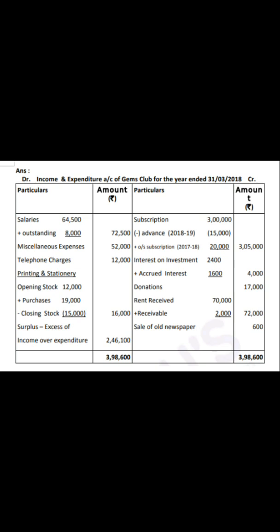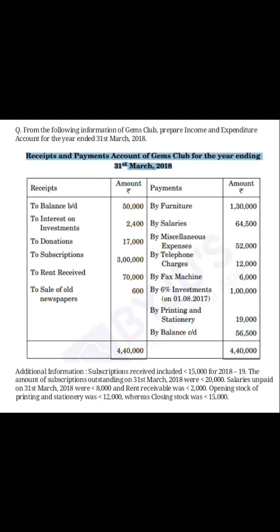Next income would be from interest. We can see in our receipt and payment account, the interest on investment is 2,400. But we also know that from the payment side, we have made an investment of 1 lakh on 1st August with 6% interest.